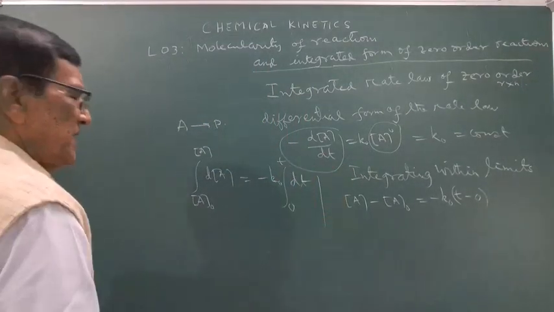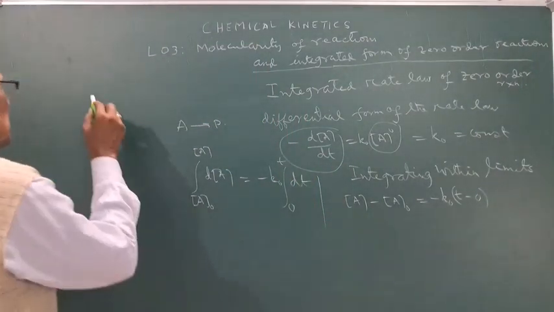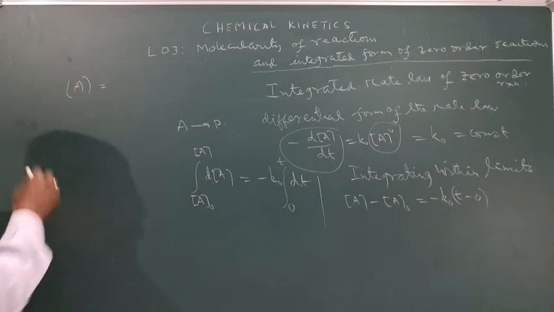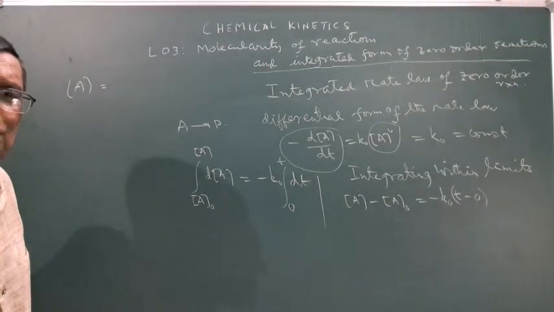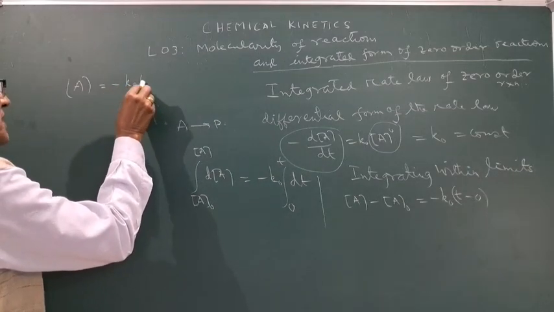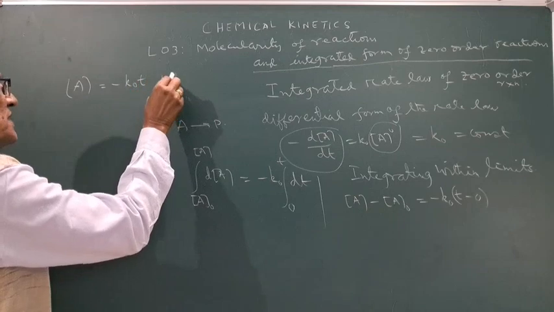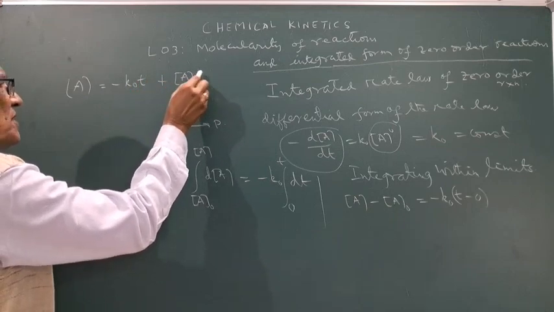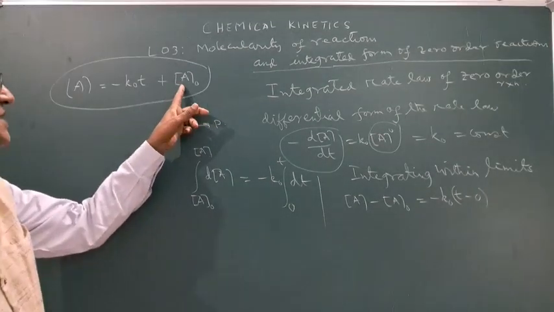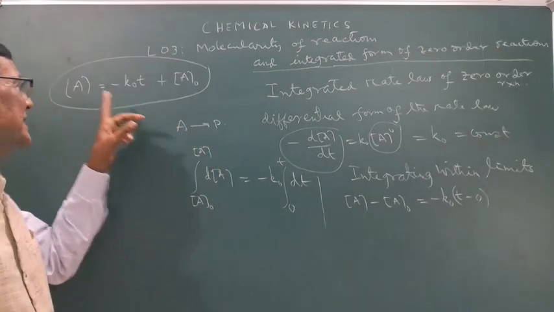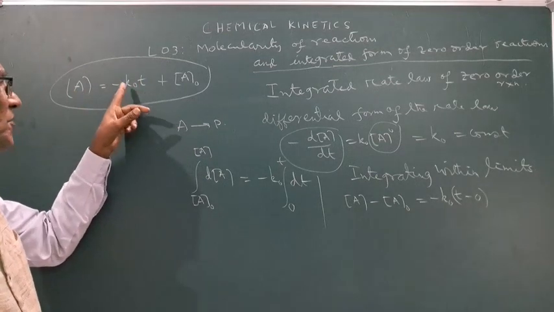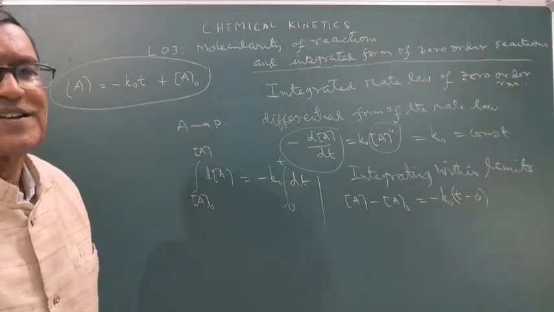So changing the concentrations, the integrated form of this zero order rate equation is: concentration of A equals minus K naught t plus concentration of A naught. This is the initial concentration of this reactant. This is the concentration of this reactant at the time t. K naught is the rate constant.